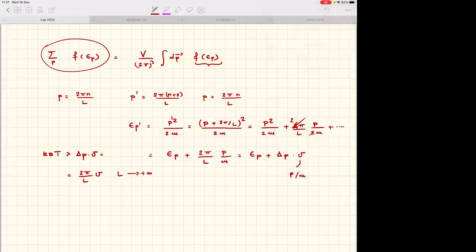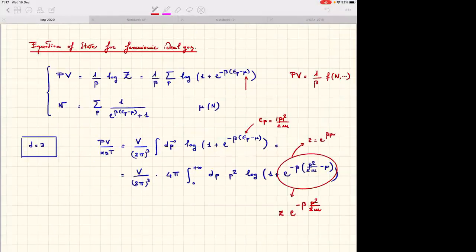Clear page. All right, so this is the first equation.